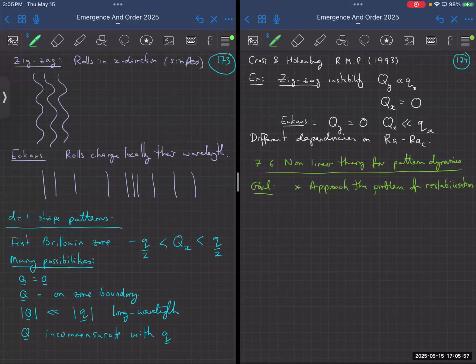This is a whole topic, which, if you want to search on Google, is bifurcation theory. And what I'm going to show you is what people call the weakly nonlinear theory.